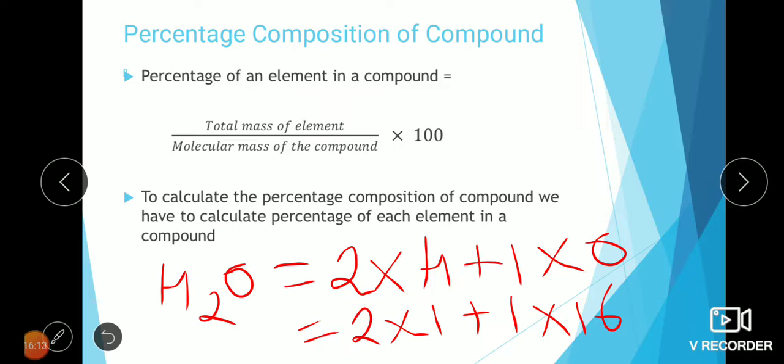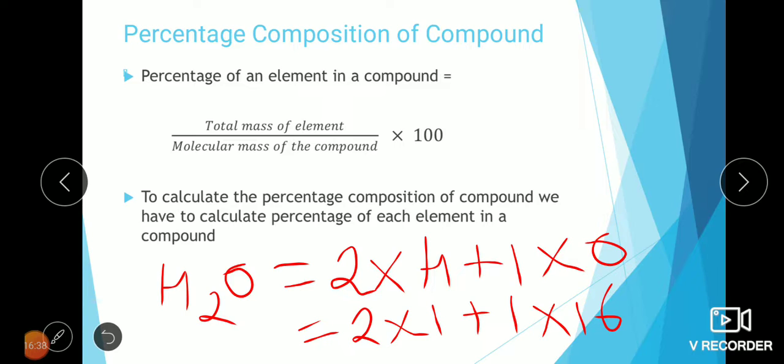Please remember and highlight it in your brains. We are using the atomic mass number here, not the atomic number. The superscript written beside the element symbol is the atomic mass number, and the subscript written beside the symbol of an element is the atomic number. Let's recall 7th standard chemistry.